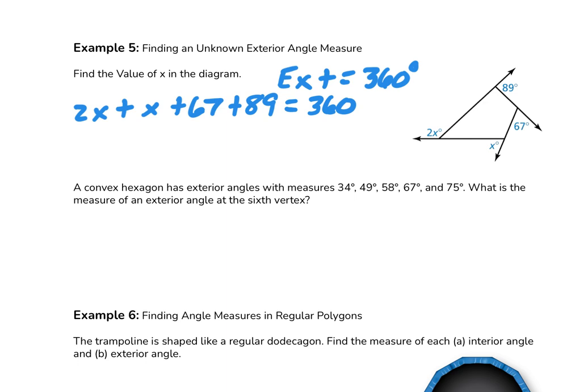You add up the 4 angles, set them equal to 360, and then it's just a good old equation, right? Type of equation that we solved over and over again throughout this year, throughout Algebra 1. We're going to combine like terms. So we're going to combine the x's together. 2x and 1x makes 3x. 67 and 89 add together make what? 156.